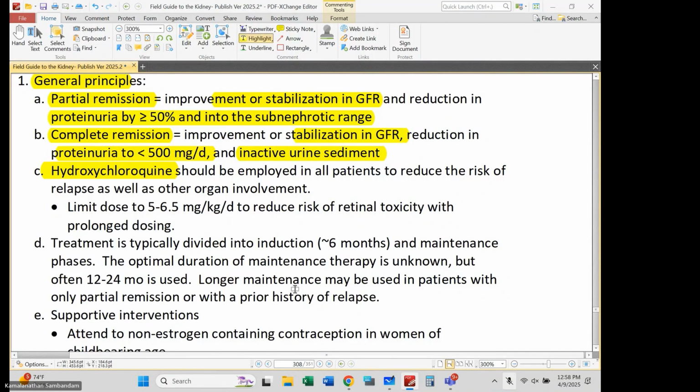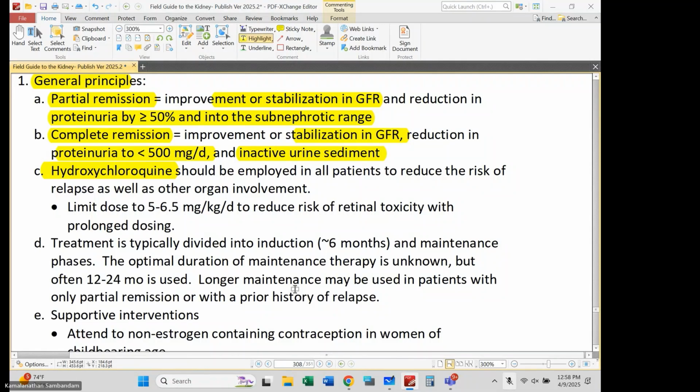It has been shown to reduce the risk of organ-threatening manifestations of lupus. And again, nephritis is the most common organ-threatening manifestation. So you are treating the patient's renal disease by putting them on hydroxychloroquine and getting the dose right.